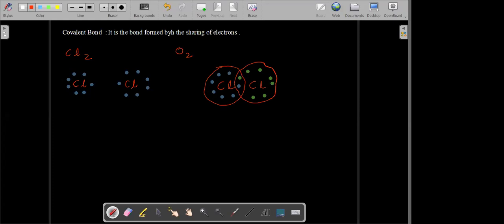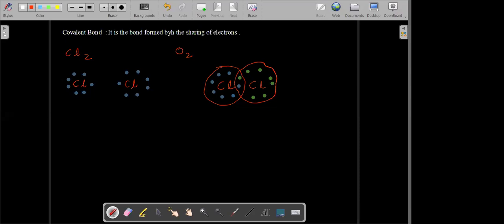Got it? This method of bond formation by the sharing of electrons is called a covalent bond. Here we don't have a positive or negative charge on either of them, since it is just providing stability to both chlorine atoms.